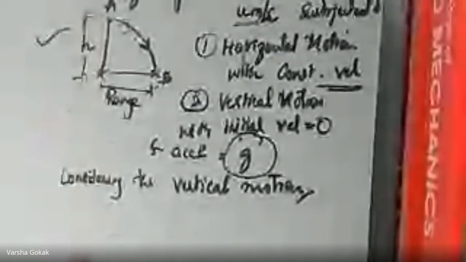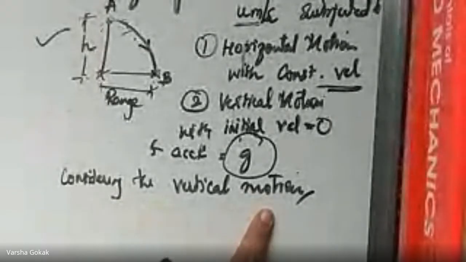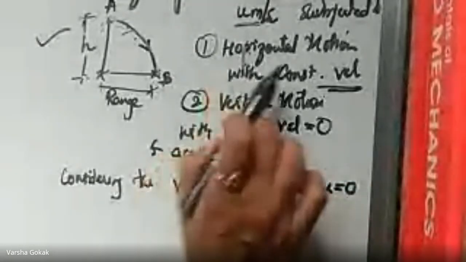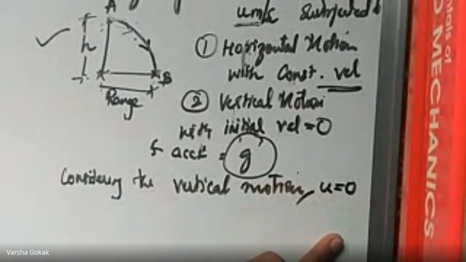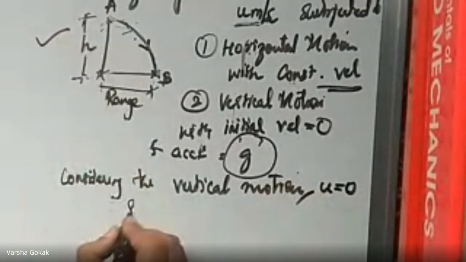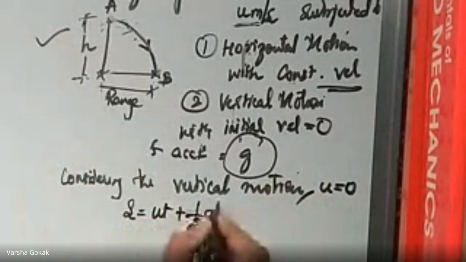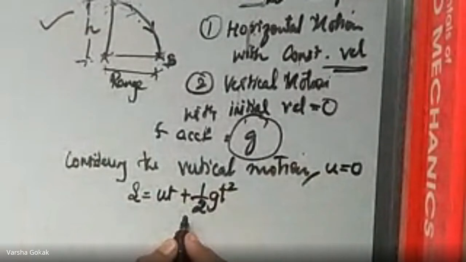So now let us derive, considering the vertical motion. In vertical motion, what happens? U is equal to 0. I've written here constant velocity and that is equal to 0. U is equal to 0. Now we know the equation of motion S equal to ut plus half gt square. Correct? In this equation, S is the distance traveled.